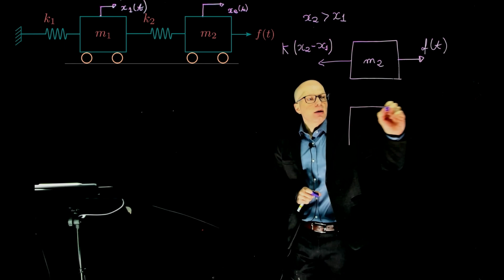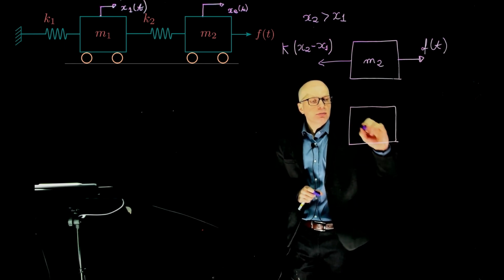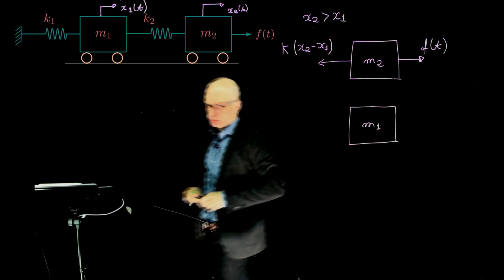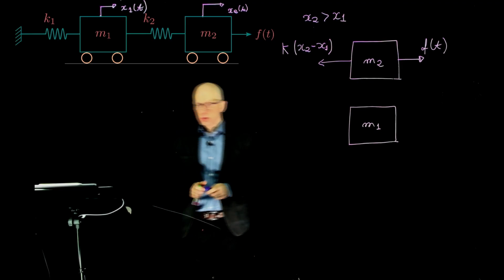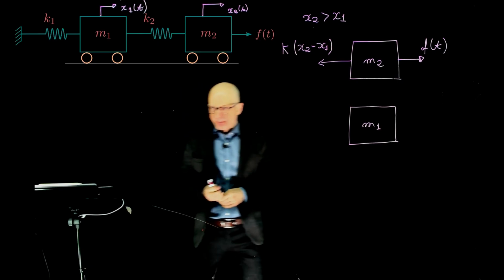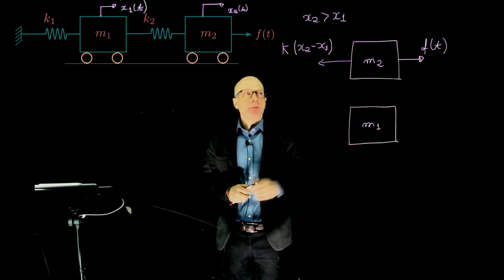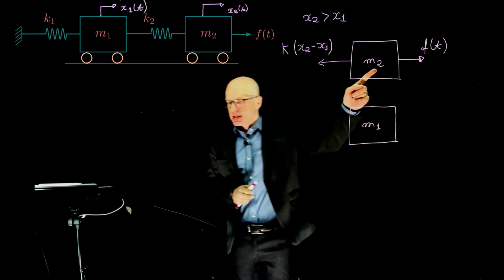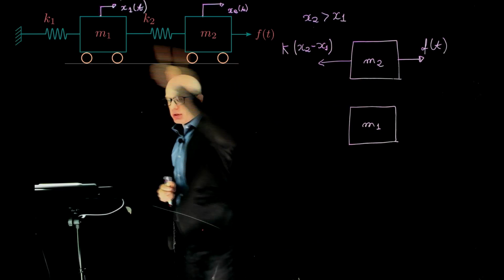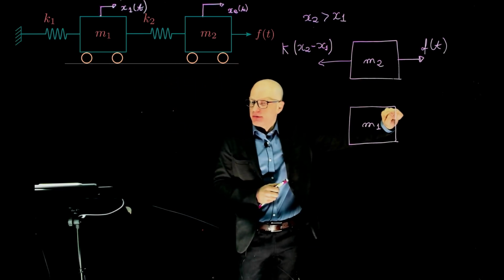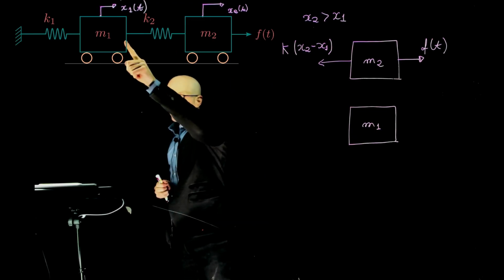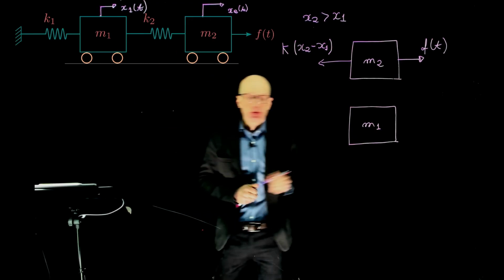Let's do mass m1. What is acting on mass m1? Well, this spring is holding mass m2, and is making mass m1 accelerate, because when we pull on F of t, mass m2 goes to the left. It's attached to mass m1 and will also make mass m1 go to the left.